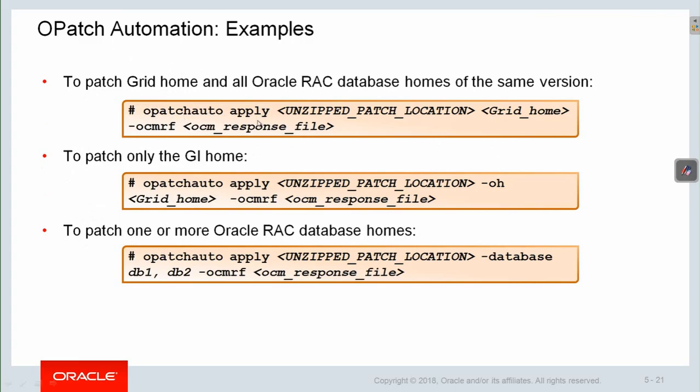This allows you to patch the grid home and all Oracle RAC database homes of the same version. To use opatchauto, you must log in as the root user account. You can also patch only one grid home or one or more RAC database homes using opatchauto. So it simplifies your patching process, but you will be using the root user account.